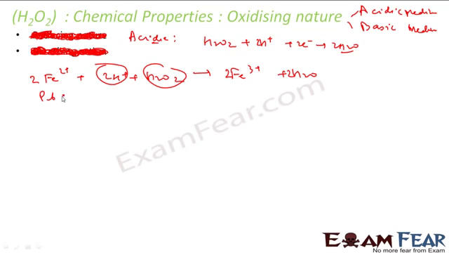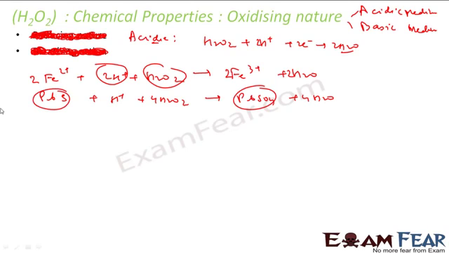Similarly, PbS, if you see, this is plus 2, this is in H plus medium, and you give H2O2, it will give you PbSO4. This guy also gets oxidized.